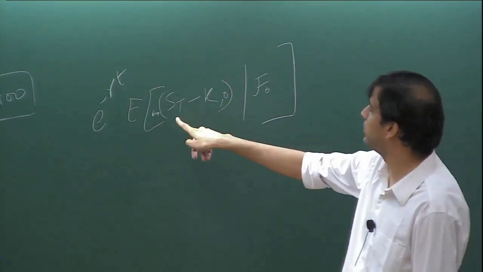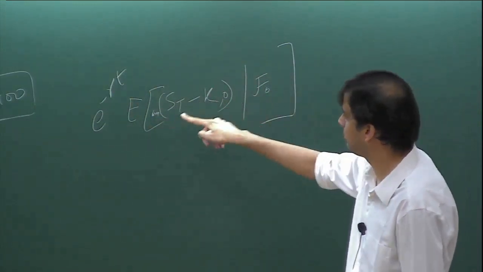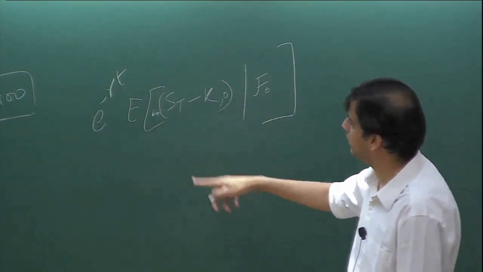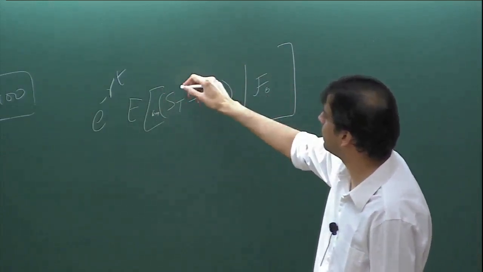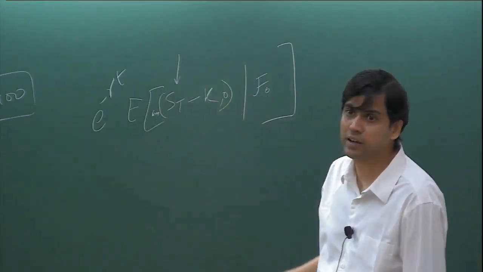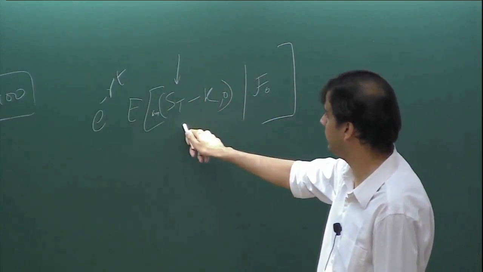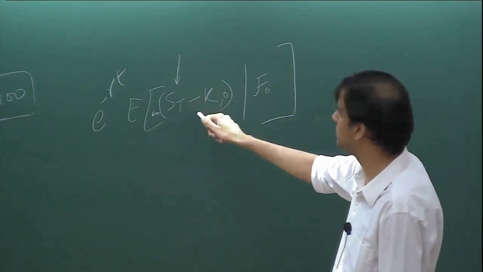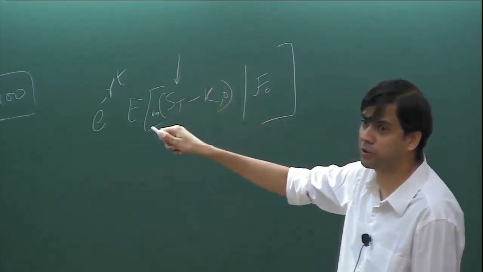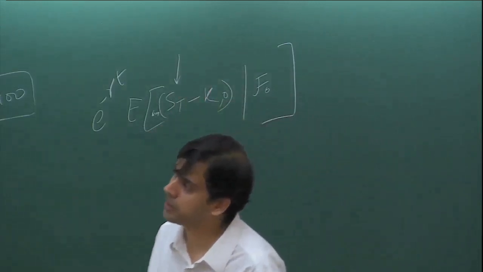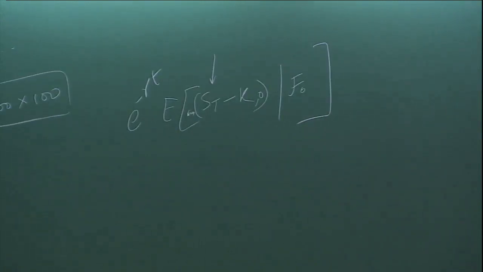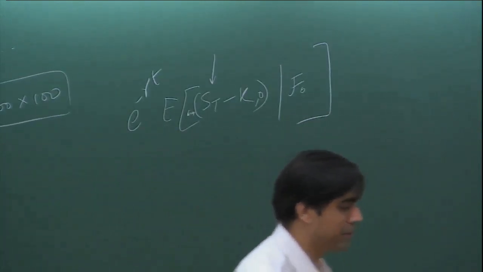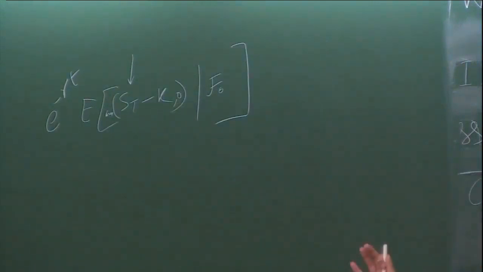So you want to find this expectation, and in order to find it, you have to draw this ST. You need to simulate ST, and for each point you have simulated, you calculate what the payoff is going to be, and you take the average of that payoff over the several samples, and discount that back to T0, and you get the option price.